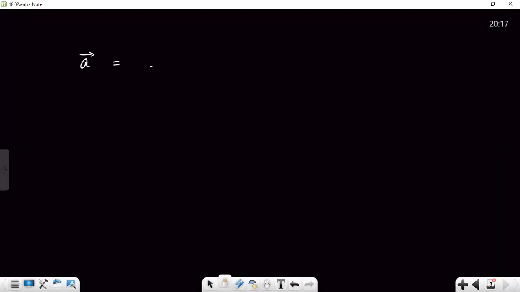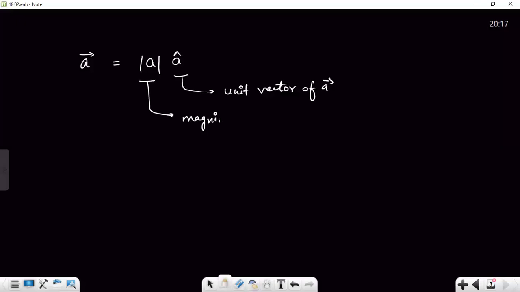A vector has its magnitude and its direction. So this part is known as the unit vector of A. This is the magnitude of A vector.